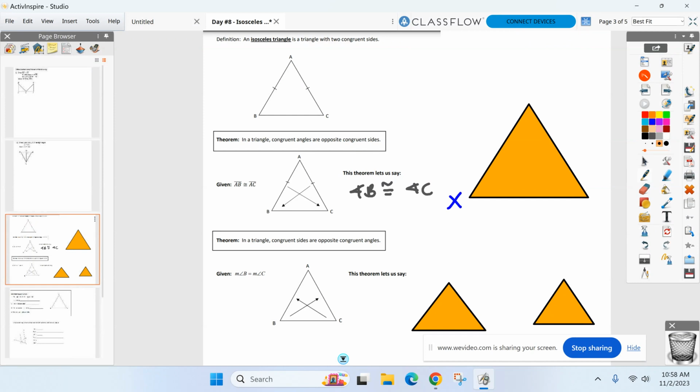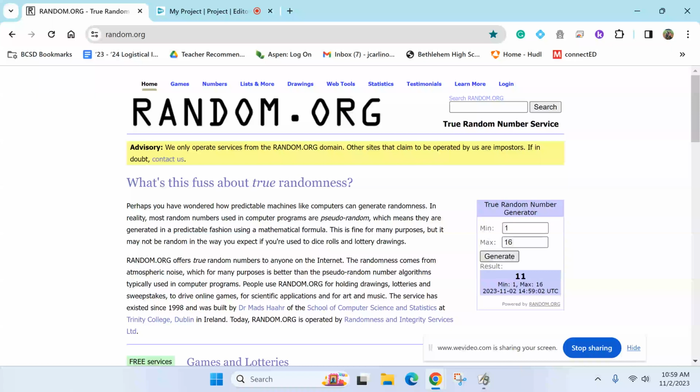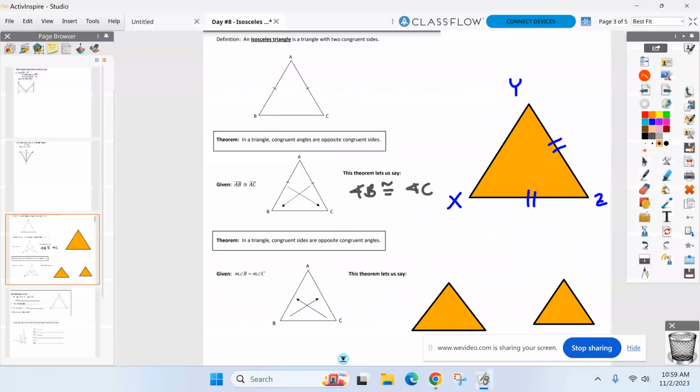If I take my triangle here, take a look, X, Y, Z, and I mark these two sides congruent. Is that triangle still isosceles? Yes. So in this case, where would my two congruent angles be here now? All right, Haley, where are my two congruent angles in this triangle?